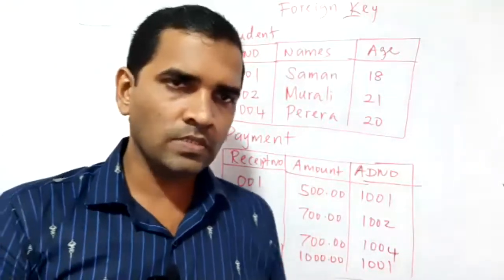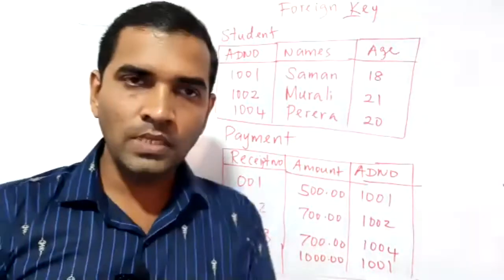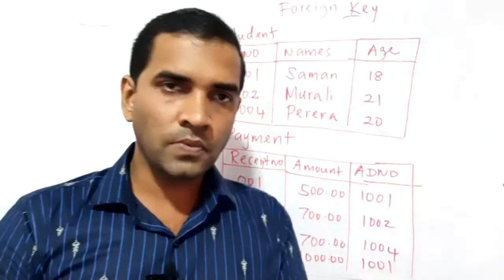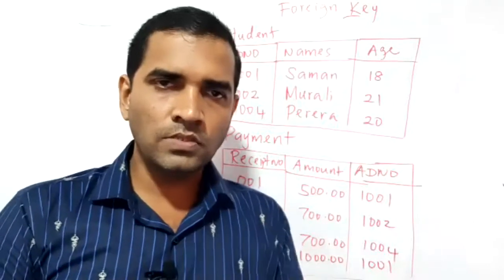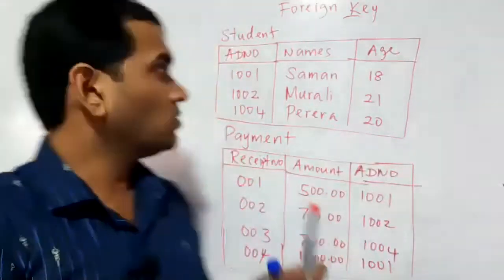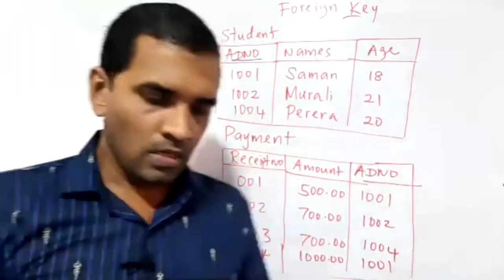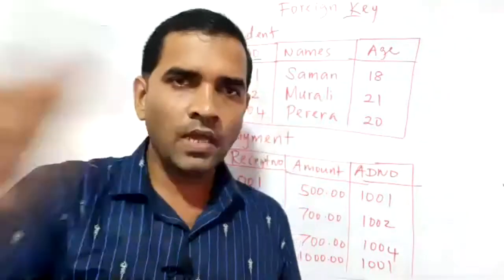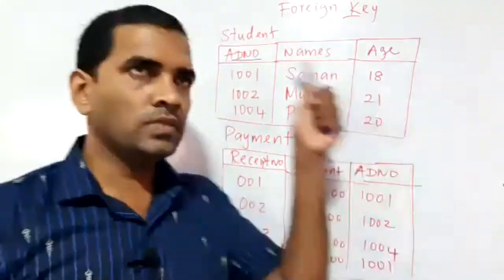We already discussed that the remaining fields cannot be set as primary key: names cannot, and age cannot, because age has duplications, right? So in this instance, it is admission number. Assume that admission number is set as primary key. Generally, the primary key field is underlined. If a field has an underline, it means it is the primary key. So this is the primary key here.